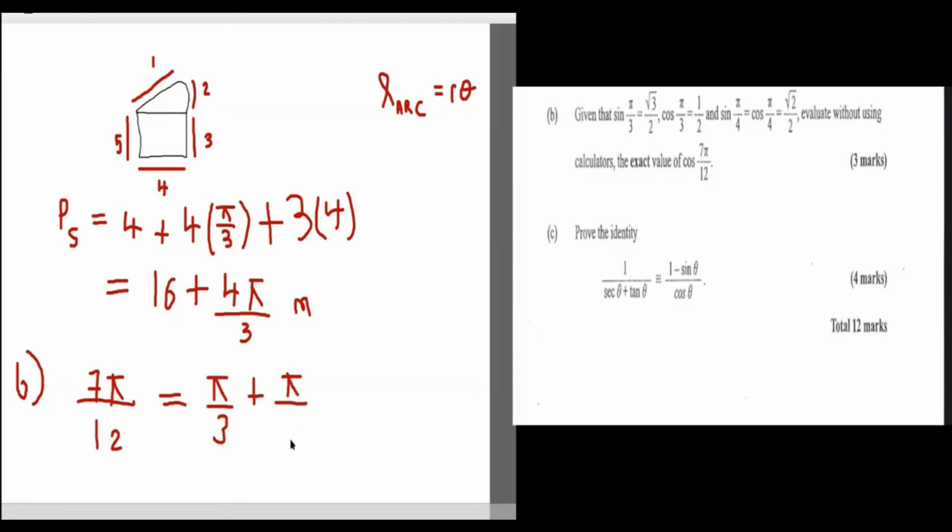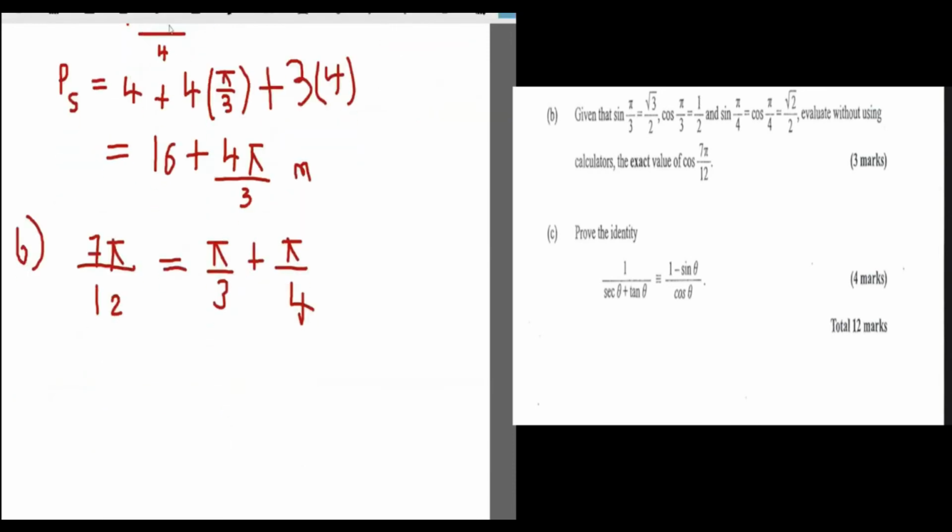If you were to find the LCM of these two, you would notice that 7 pi by 12 is the same as pi by 3 plus pi by 4. So you might ask me, sir, what does that have to do with the question?